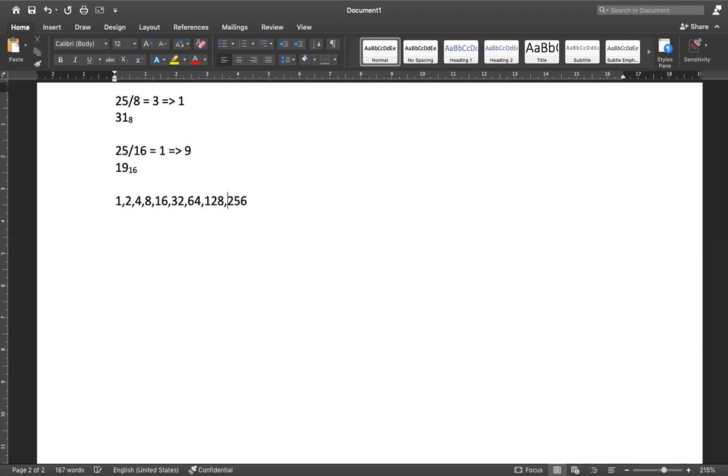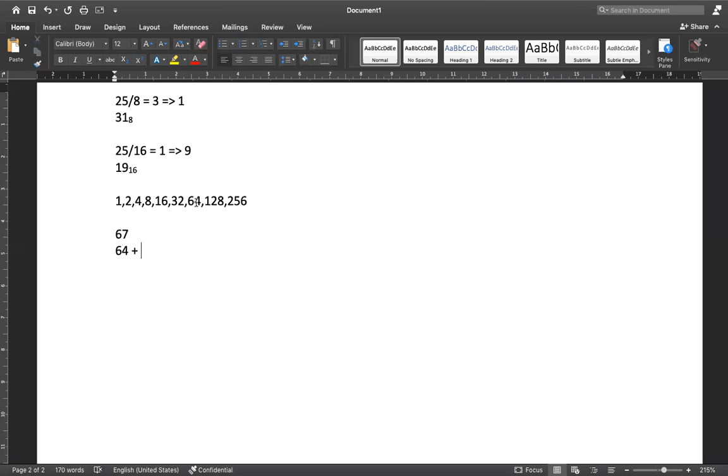So when someone asks, okay, find out the value of, let's say, 67, you go and check with this and start here. 64 is the one closer to 67 and less than it. 64, then the remainder is 3, and you need to find out 3.